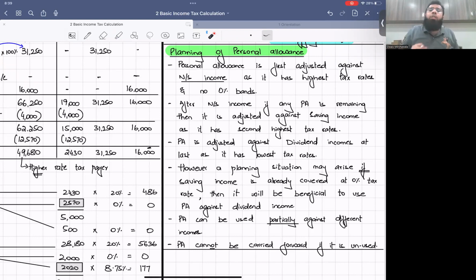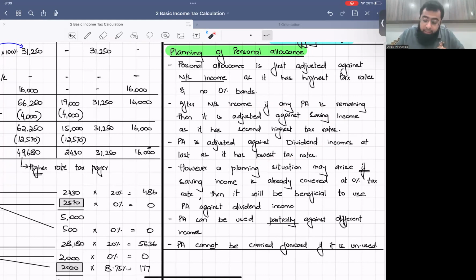We offset the non-saving to get maximum tax benefit. Personal allowance is first adjusted against non-saving income, as it has the highest tax rate and no 0% band. If we don't have non-saving or insufficient non-saving, then we move towards saving income, because it has the second highest tax rate. And at last against dividend income, because it has the lowest tax rates.